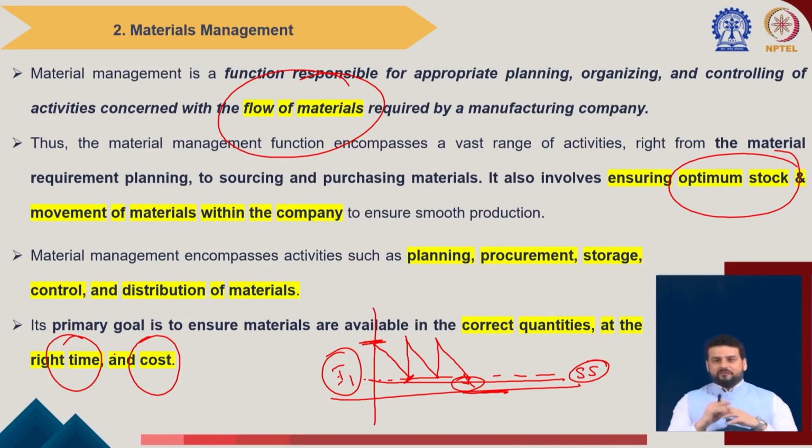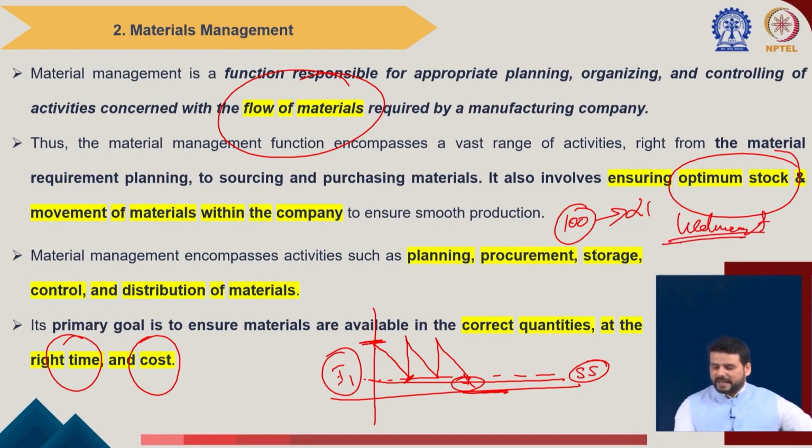So the fight here is how much quantity we should buy. Let's say I don't want to keep much inventory because that is a cost to me. So I am asking only 100 units from my raw material supplier: you supply me 100 units in one lot. But the other player, like Walmart, instead of 100, they are asking for 10,000 units.